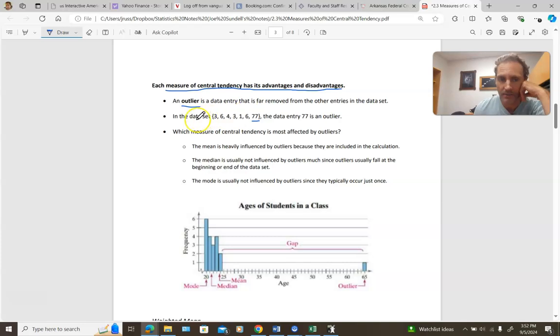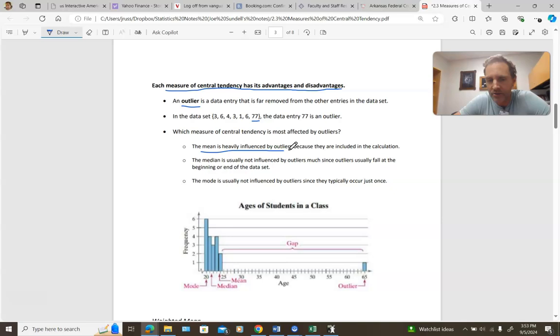Okay. So it says, which measure of central tendency is most affected by outliers? It's the mean. I know in one of my classes, we do a little introduction to statistics, and I ask them, we pretend that we're finding the annual salary of all the students in the room.